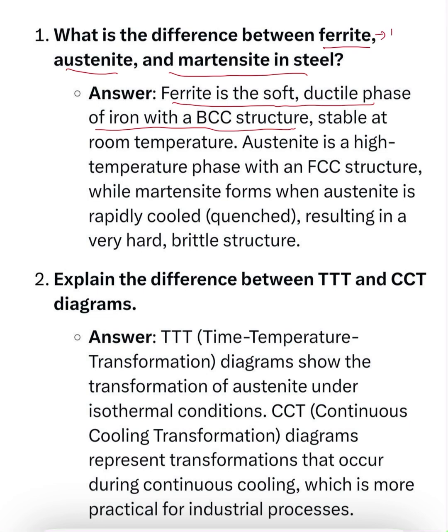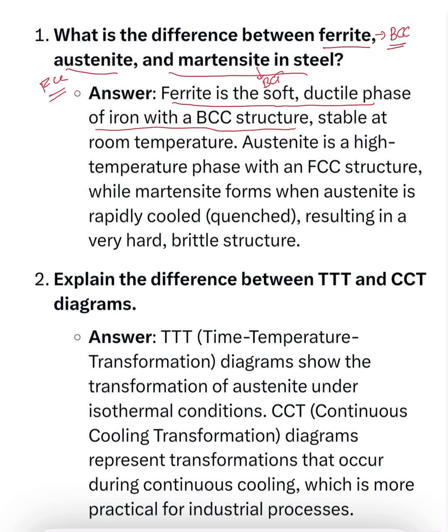The main difference between these three is the crystal structure. Ferrite is BCC, austenite is FCC, and martensite is BCT. This is the most important difference between these three phases in steel.